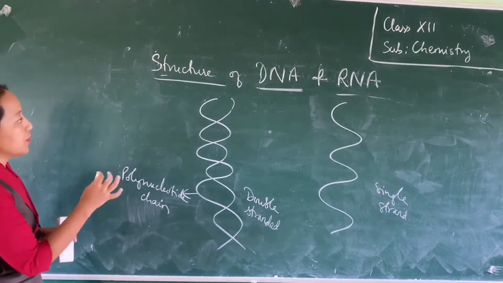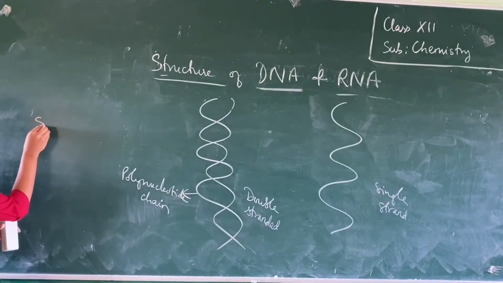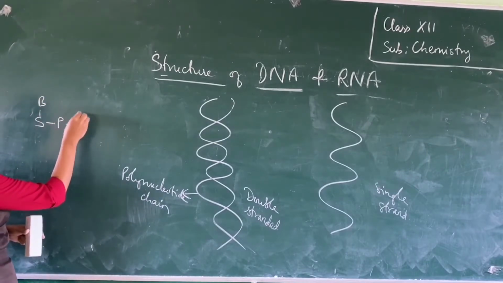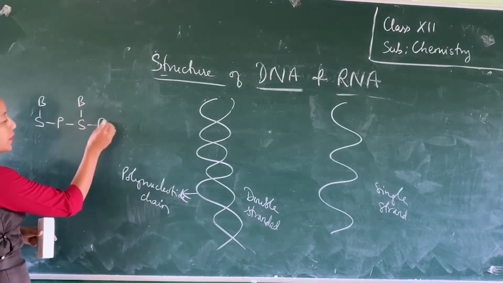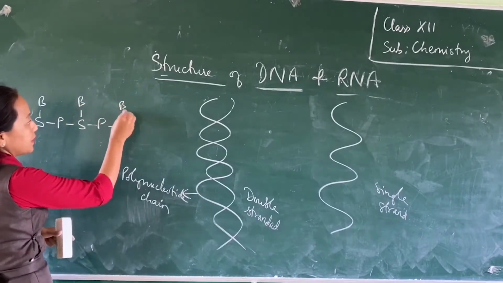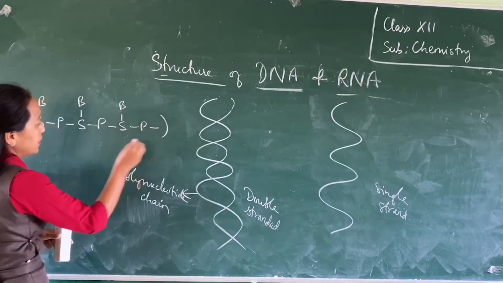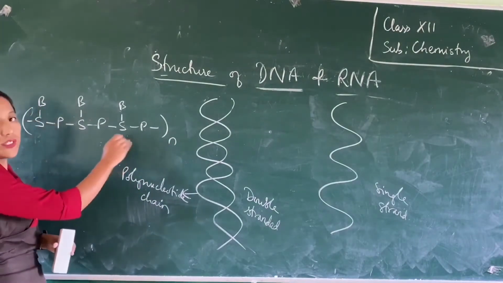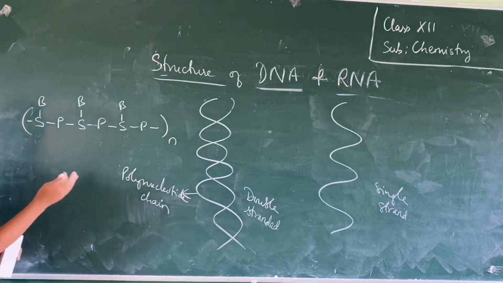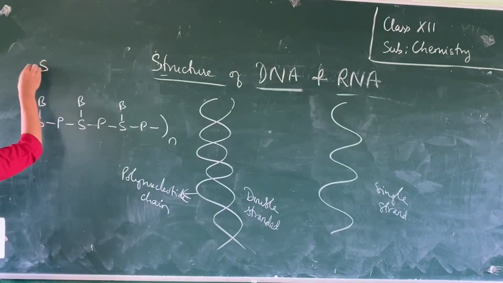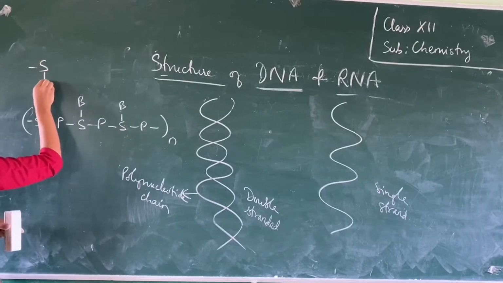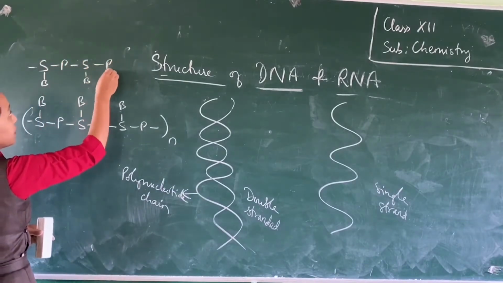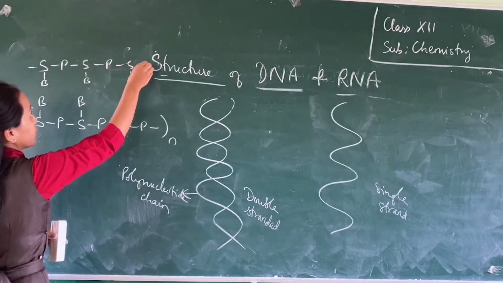Each polynucleotide chain consists of sugar, base, phosphate, then again sugar, base, phosphate, sugar, base, phosphate, and goes on. So let's say this is one polynucleotide chain. Now in the case of DNA, there are two polynucleotide chains: sugar, base, phosphate, sugar, base, phosphate, sugar, base, phosphate.